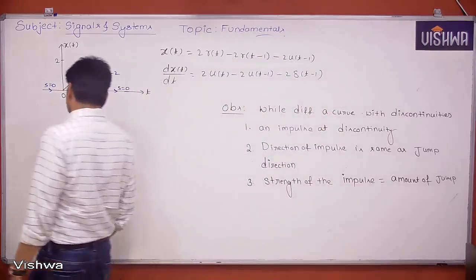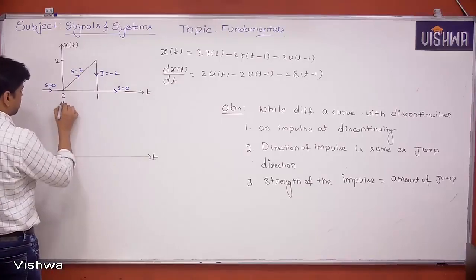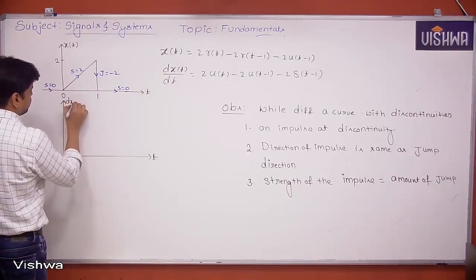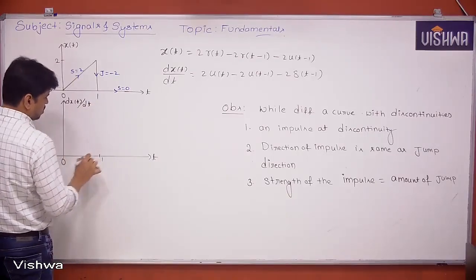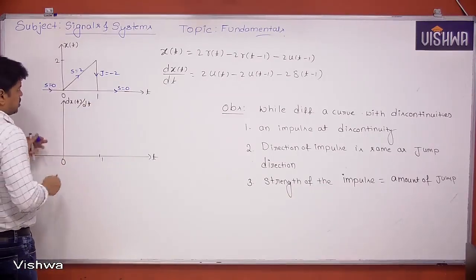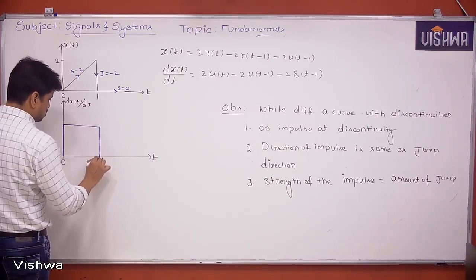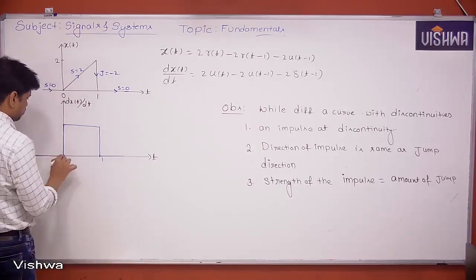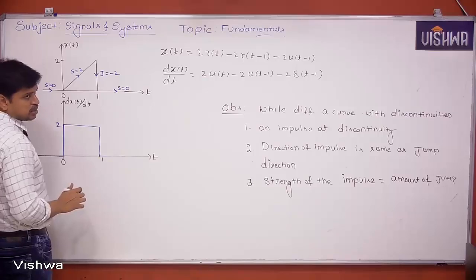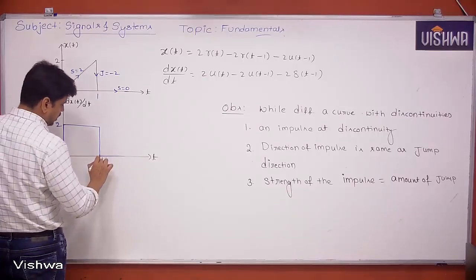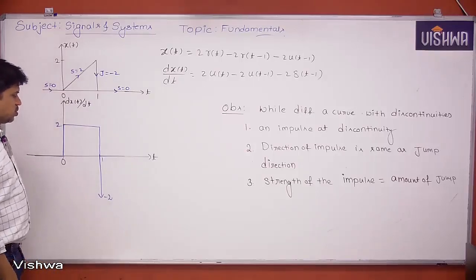So if I draw this function, how does it look? dx of t by dt, 0, 1. From 0 to 1 the slope is 2. After that slope is 0. But at 1 we are having a jump in the downward direction, so that is going to create an impulse function in the downward direction with the strength equal to -2.